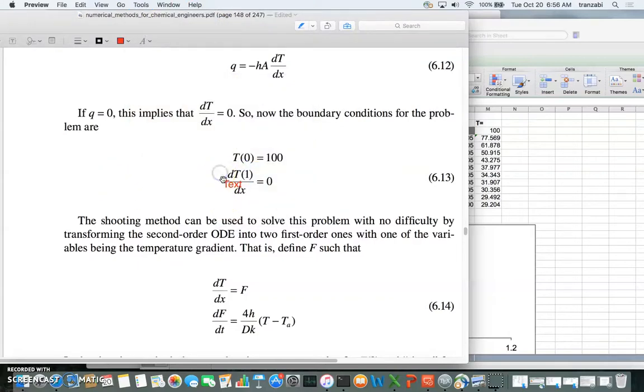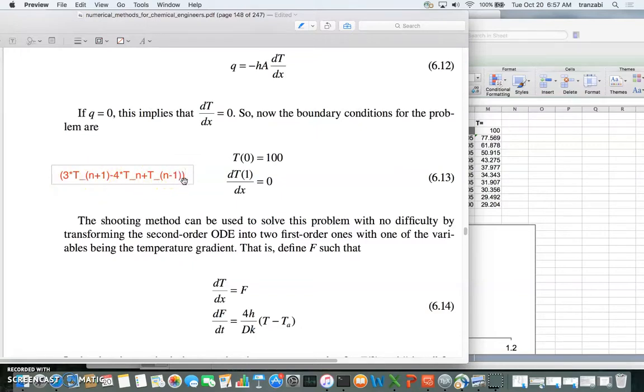It's going to be 3 times, let's say I have n plus 1 points, so it's going to be t n plus 1 minus 4 times t n plus t n minus 1. I'm sorry, this should be minus. That's right. So n plus 1, n, and n minus 1.